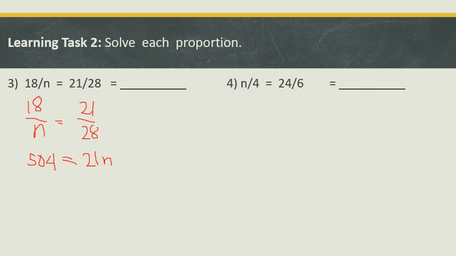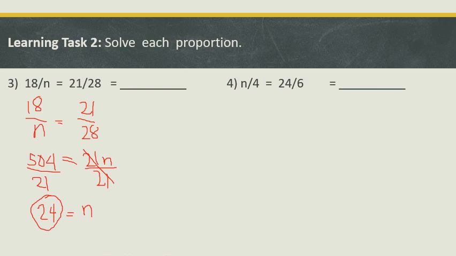So, ano po ang katabi ng n? Yung 21. So, sa kanya natin i-divide lahat yan. 504 divided by 21 is 24. And 21n divided by 21, cancel ang 21, matitira ay n. So, ibig sabihin ng n natin is 24.